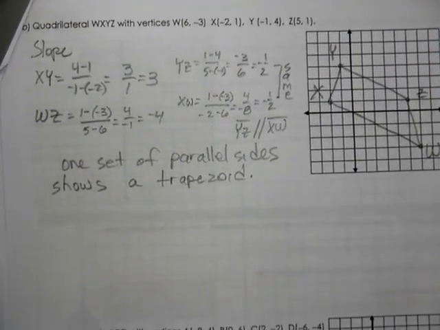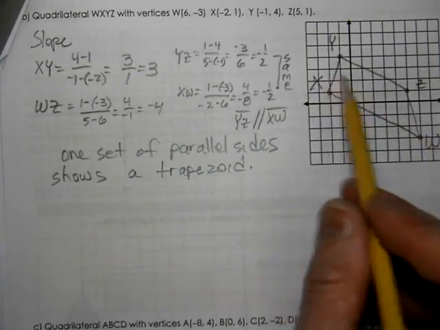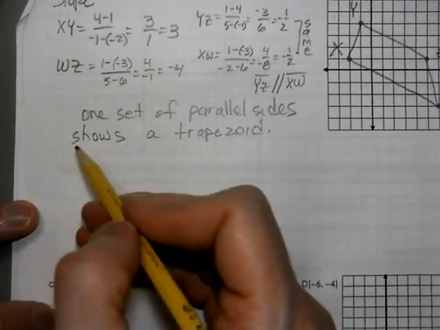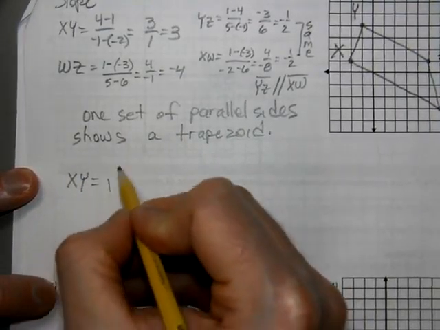So now, a trapezoid clearly can't be a parallelogram, can't be a kite, but it could be an isosceles trapezoid. So what we actually have to rule out is that the leg lengths are not the same. So I'm going to look at the length of XY.